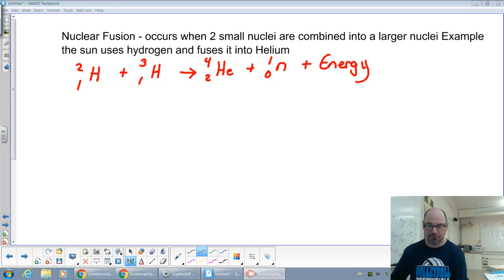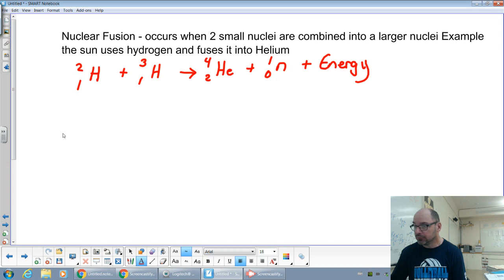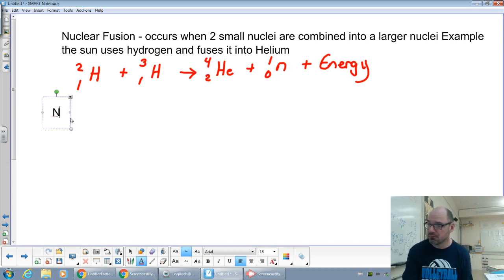Okay, so nuclear fission is this one. Nuclear fusion, or sorry, nuclear fusion is that one. Nuclear fission, you can imagine.